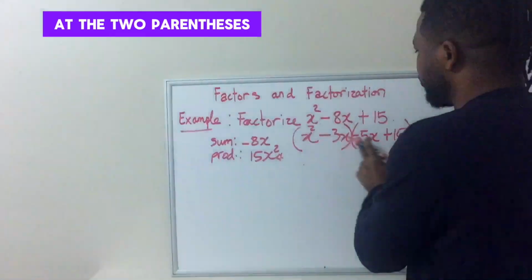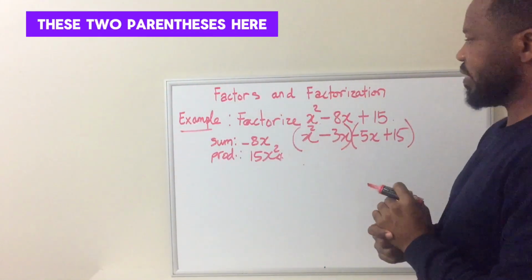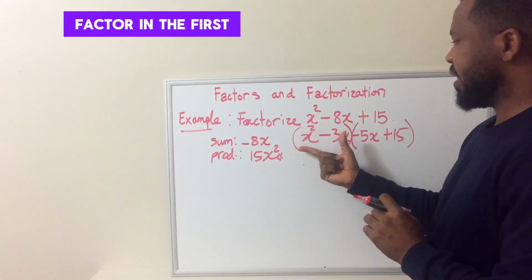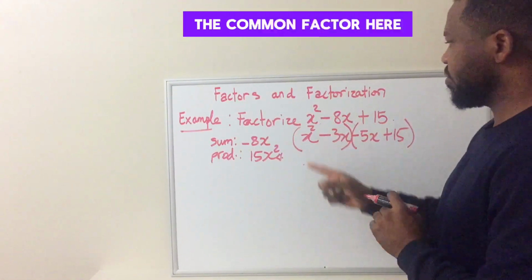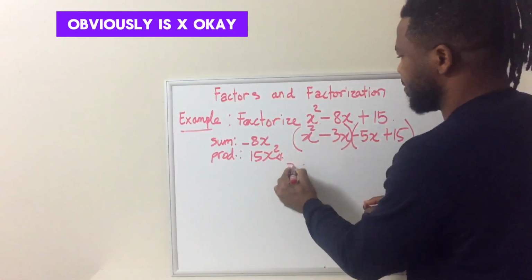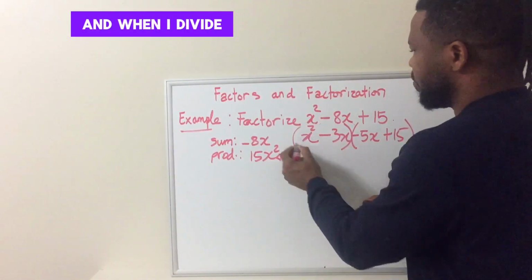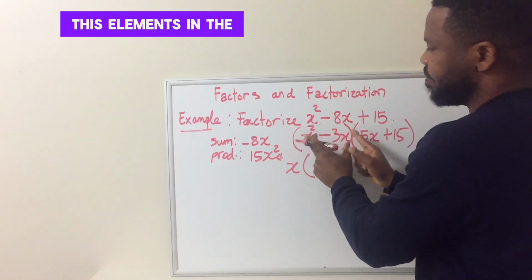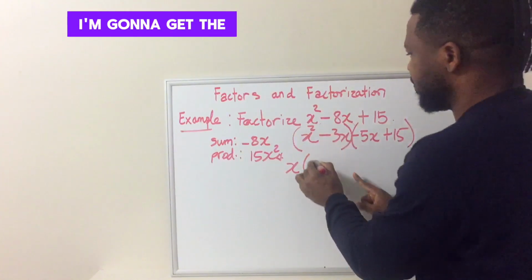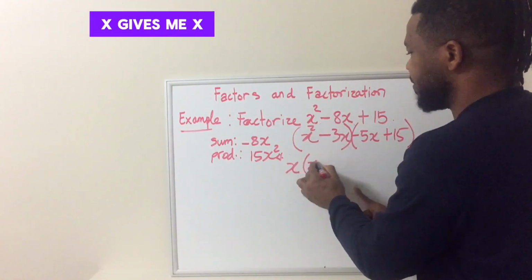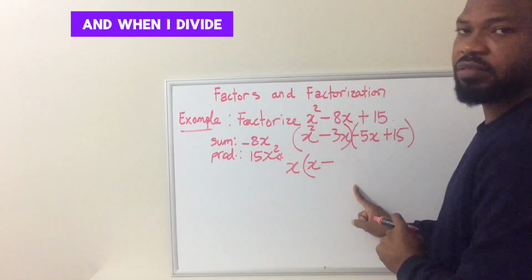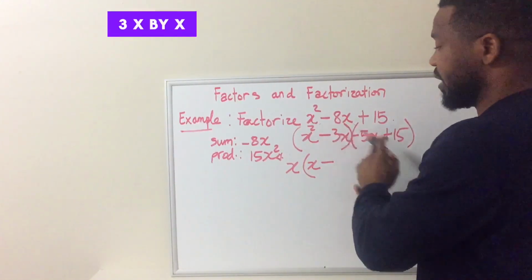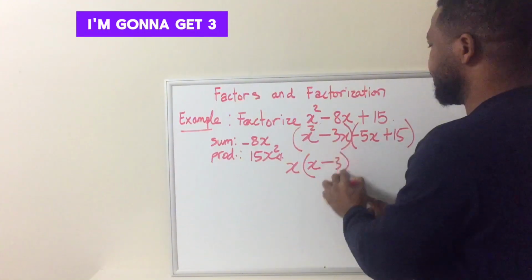So I'm going to look at the two parentheses. When I look at them, what is the common factor in the first parenthesis? The common factor here obviously is x. When I divide through these elements in the parentheses by x, x squared divided by x gives me x, and when I divide negative 3x by x, I'm going to get negative 3.